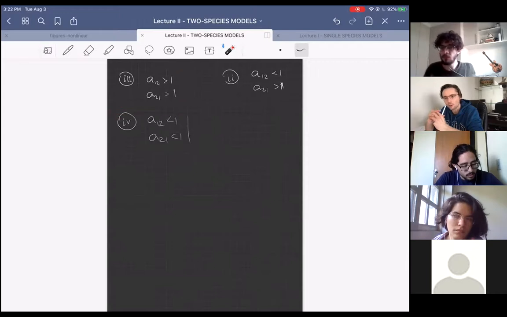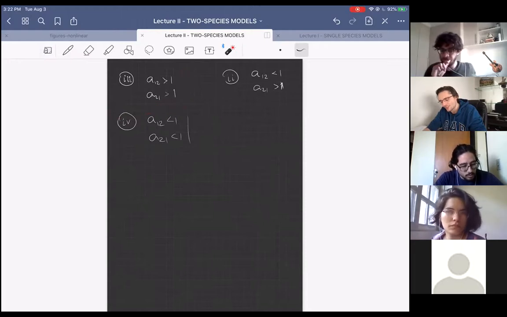So we are going to see what happens in cases where both species inhibit their partners more strongly than themselves, which will be this case.